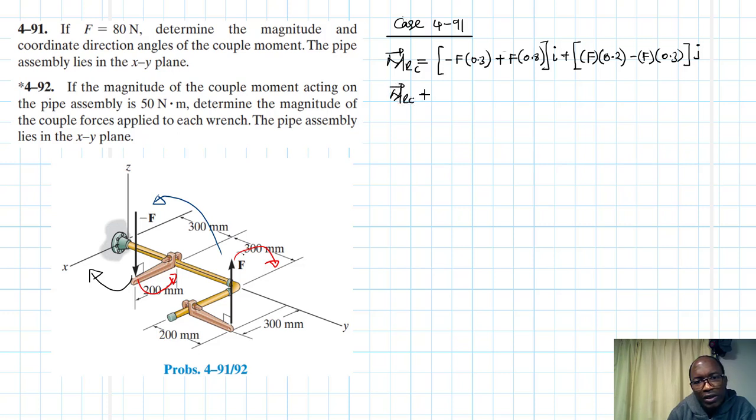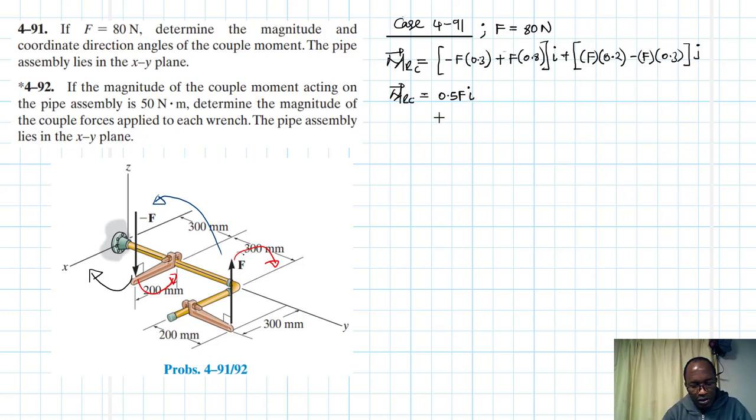If we simplify this quickly, we are going to feed in the value of F, which is already given. We are told F is equal to 80 newtons. So now let's work out this. We have minus 0.3 plus, of course, 0.8, which is 0.5 positive. So this is going to be equal to 0.5 F i.